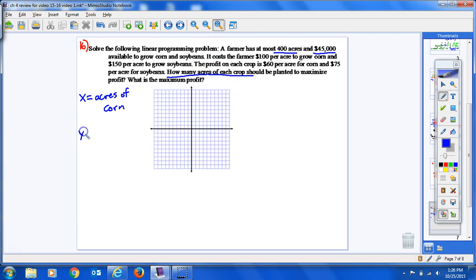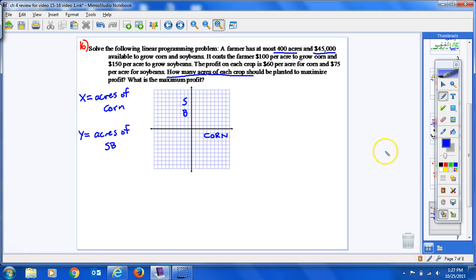And then y will represent the acres of soybeans, and I'm just going to abbreviate it SP. Since I've chosen those two variables, and you could choose any variables you want, I'm going to identify my axes. The y-axis is soybeans, and the x-axis will be corn.